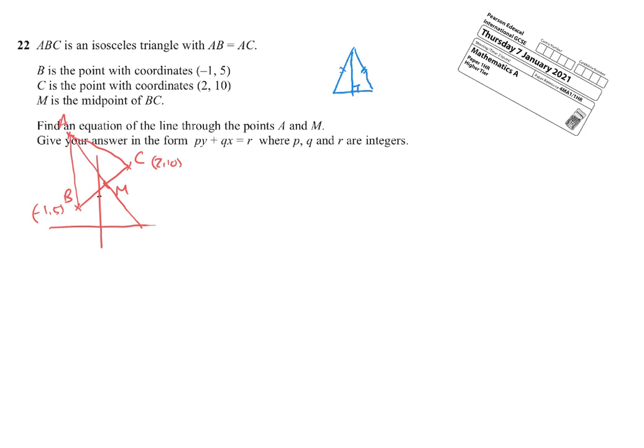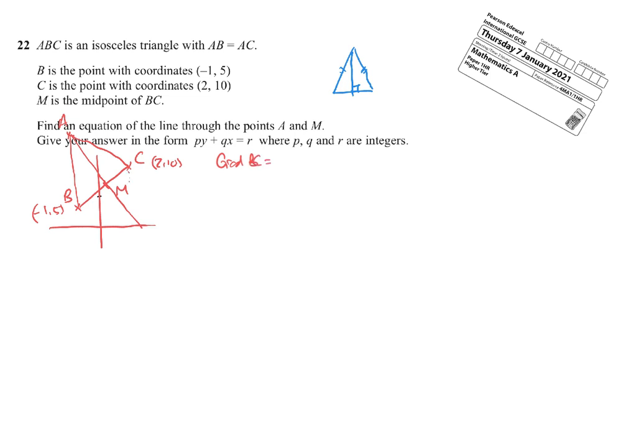So that's my sketch. I'm looking at BC, and I can see that BC is definitely rising, so that is a positive gradient. Gradient is the first thing I will try and work out. The gradient of BC is the change in y over the change in x.